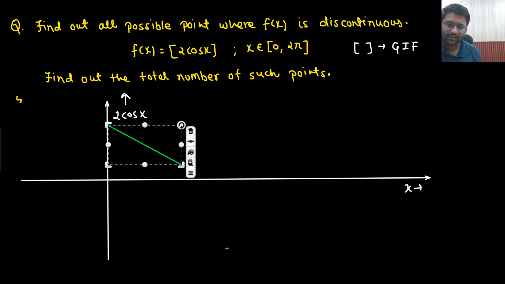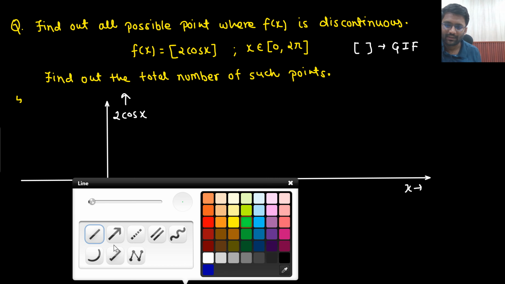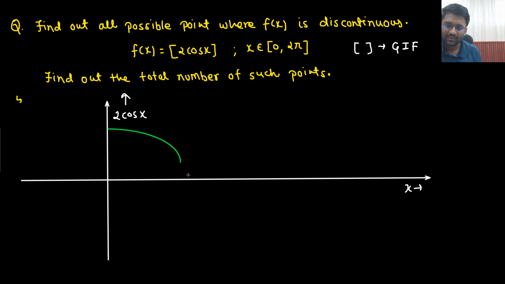This is how you draw the graph between 0 to 2 pi. Say yes or no.